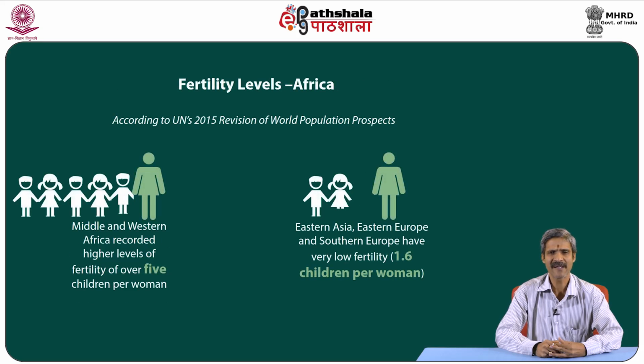Coming to the African region, Middle and Western Africa recorded higher levels of fertility with about 5 or more children per woman. Eastern Asia and Eastern Europe, besides Southern Europe, recorded very low levels of fertility, about 1.6 children per woman.